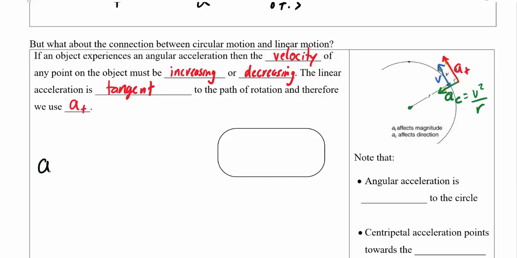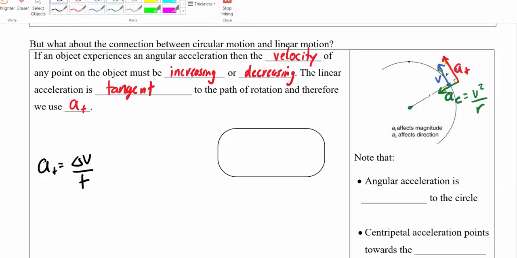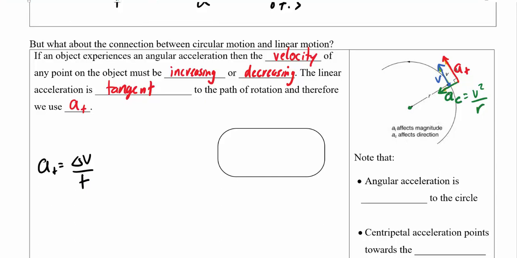The linear acceleration we're going to define as a change in velocity over time. But you remember that we talked about linear velocity, and we said that angular velocity is linear velocity divided by the radius. Or put another way, the linear velocity is the angular velocity times the radius. So I can substitute this into this expression here, and I get omega r over t.